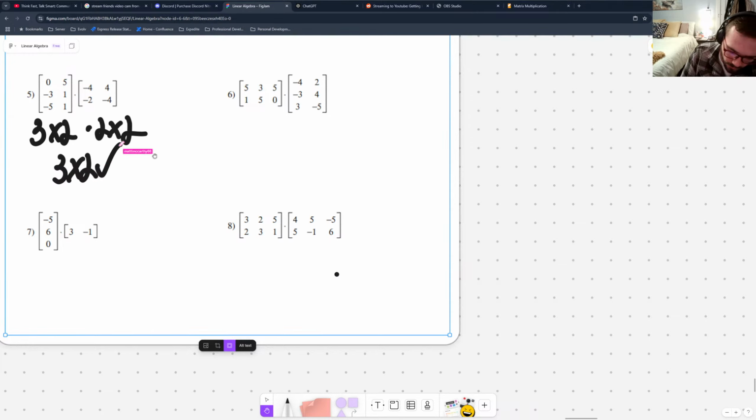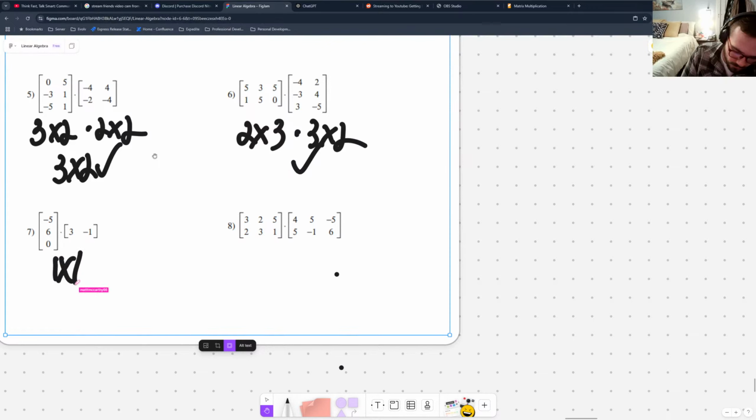All right. How about number 6? I suppose the same thing, just reversed. So this is what, 2 by 3 times a 3 by 2. Looks good. This is a 1 by 1. And how about number 8?